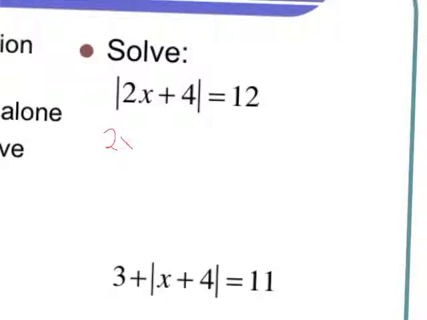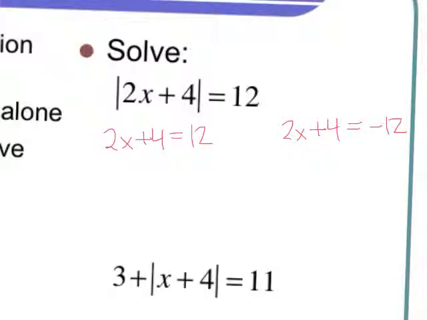2x plus 4 has to equal 12, and 2x plus 4 has to equal negative 12. That's the splitting up into positive and negatives. Step 3 then is to solve those independently.